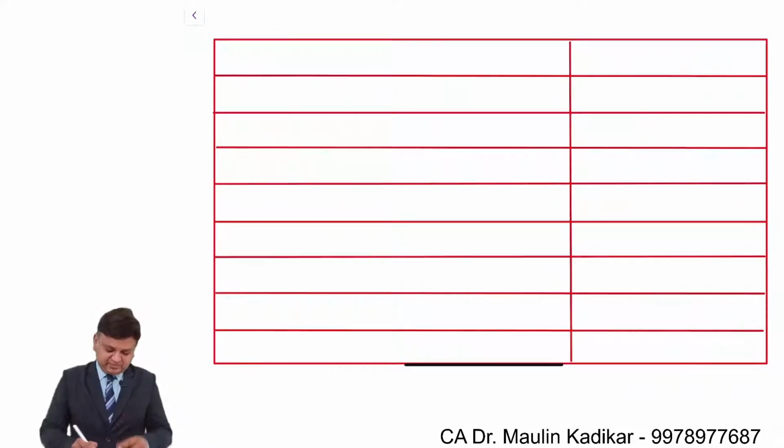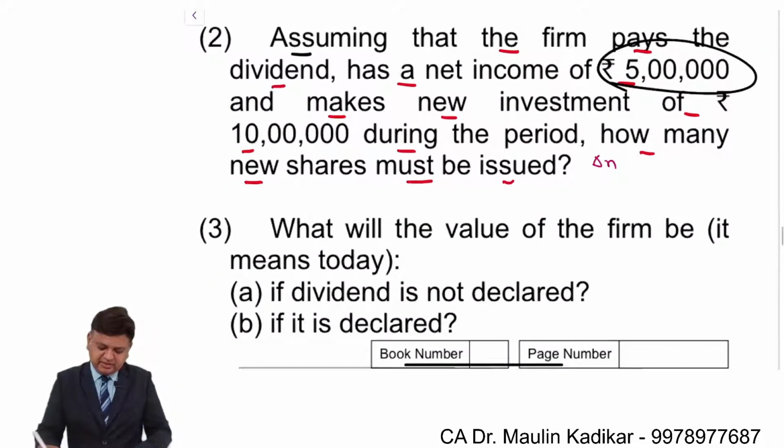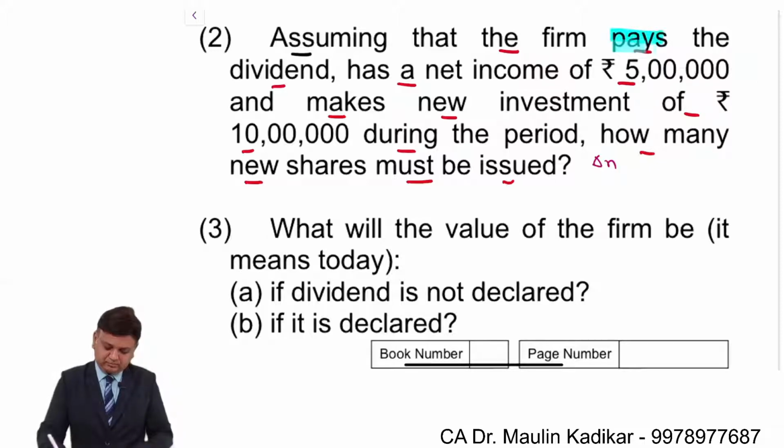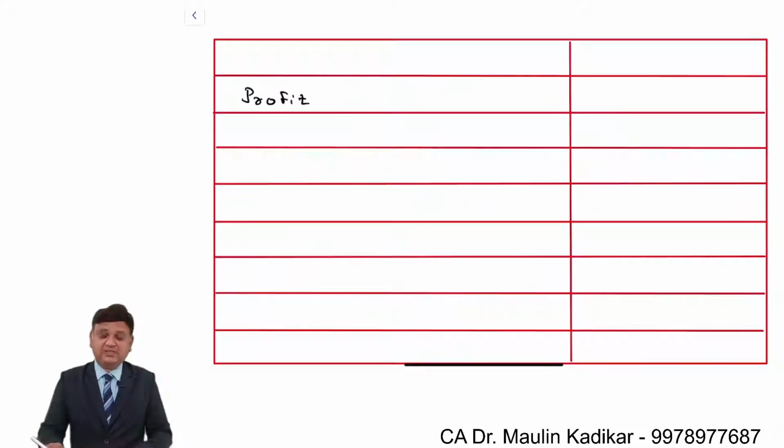We start again with the profit. The question is providing the information that the profit of the company is 5 lakhs. The company pays dividend, okay, this is important. So the profit of the company is 5 lakhs.